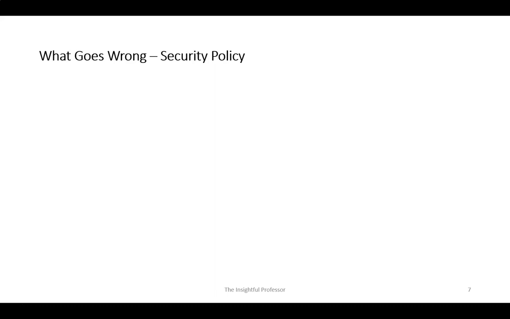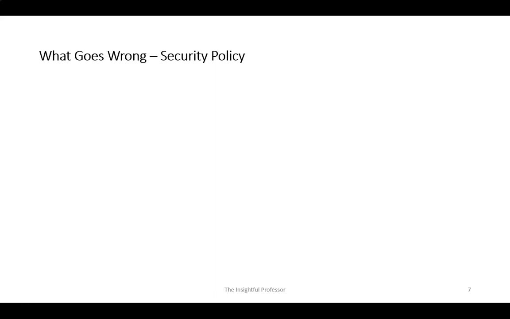We noted that building a system with security required considering three components: a security policy, a threat model, and a mechanism. As we now consider what might go wrong, we'll examine each one of these components to see where potential vulnerabilities or problems might exist.